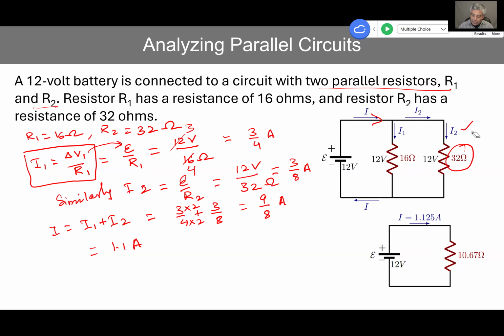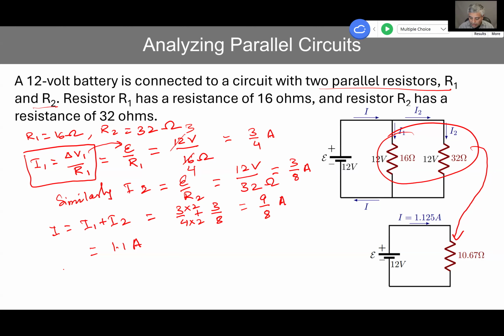Okay. So in this case, that was possible knowing that the potential across each resistor was equal. But what is the standard way of doing it? Find the equivalent resistance first. So the equivalent resistance of 16 and 32.